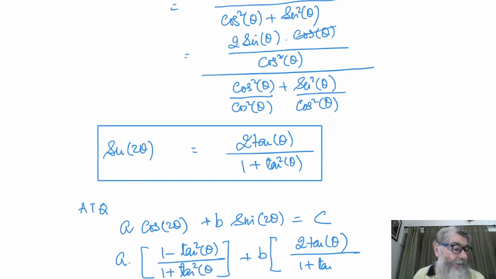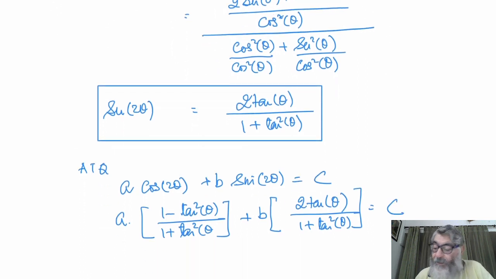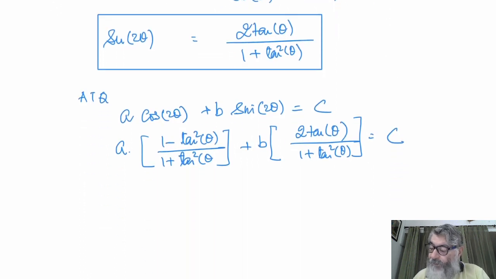Now let us take the LCM. If I take the LCM on the left hand side, the LCM will be 1 plus tan square theta.